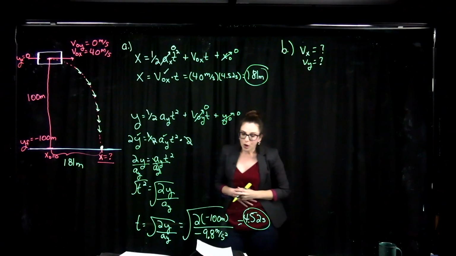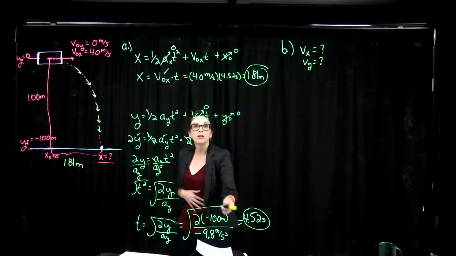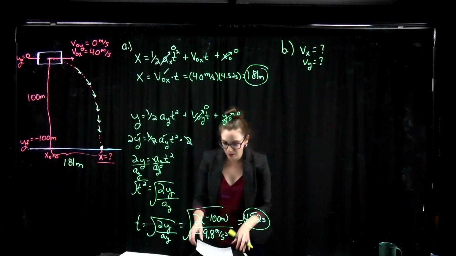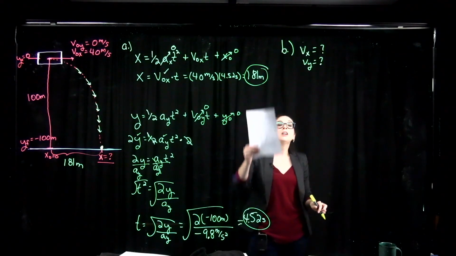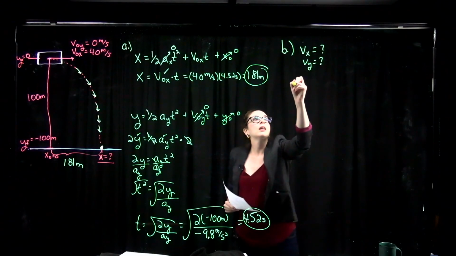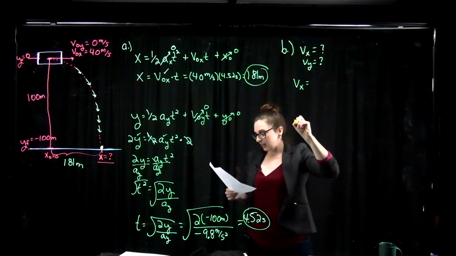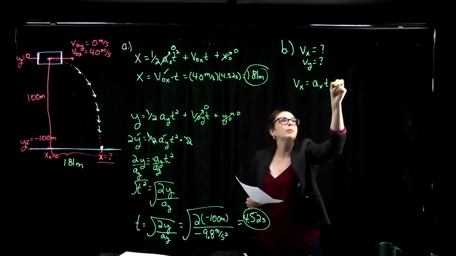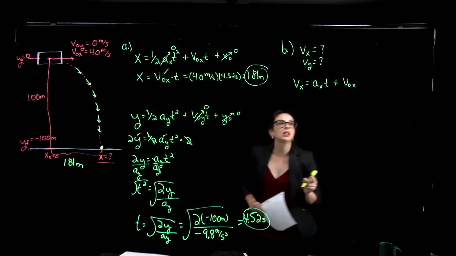Okay, so we already found a lot of really helpful things to help us solve this problem. We've got a lot of good initial conditions that were already given to us. So to find the final x velocity, let's use this equation. Velocity in the x direction is equal to the acceleration in the x direction times time plus the initial velocity in the x direction.